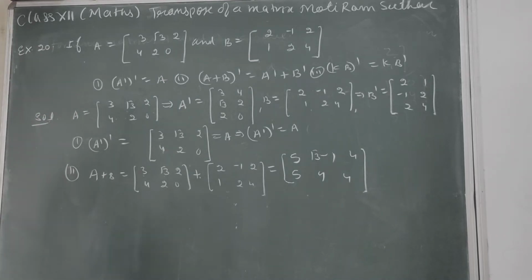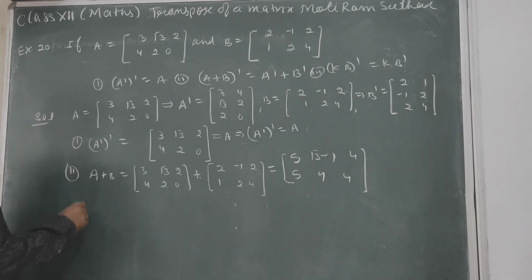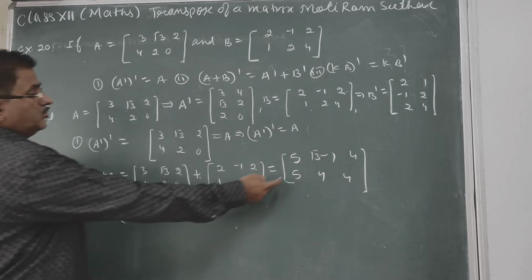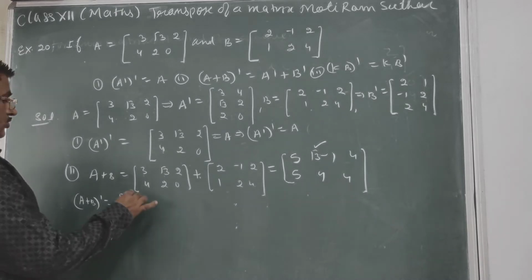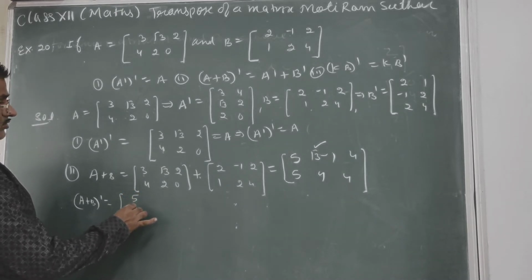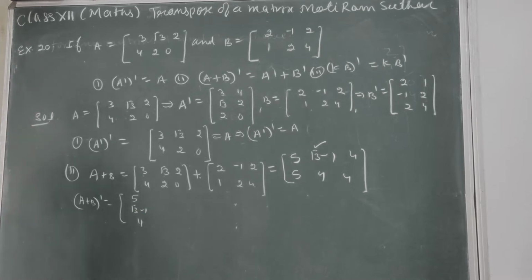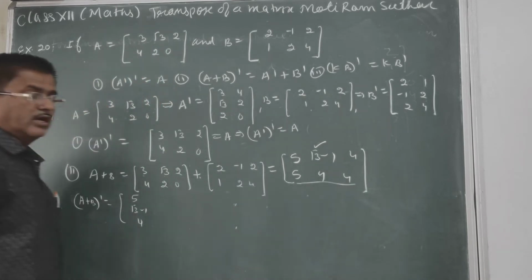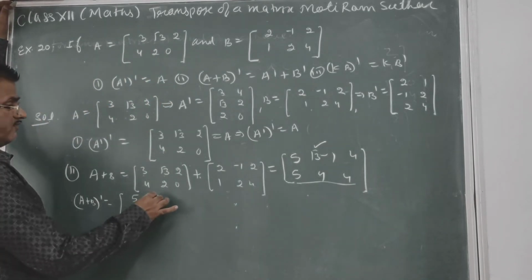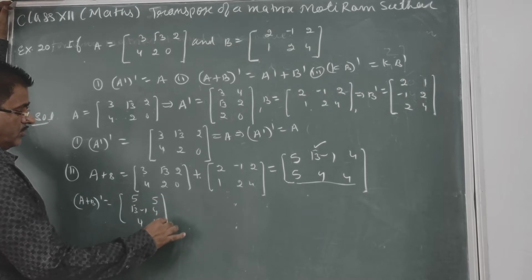In this way you get A plus B. Now we have to find its transpose. So the first row, 5, root 3 minus 1, 4, converts into the first column. Similarly the second row converts into the second column, that is 5, 4, 4.